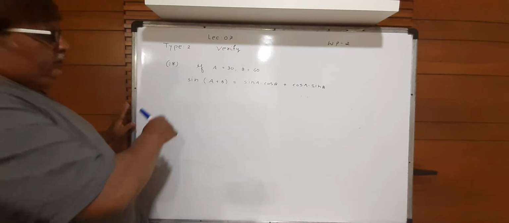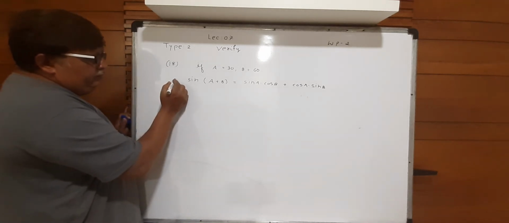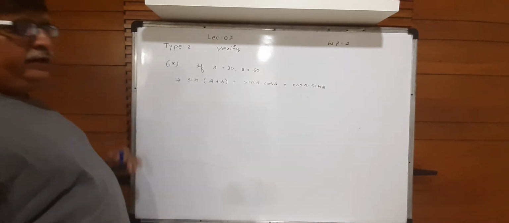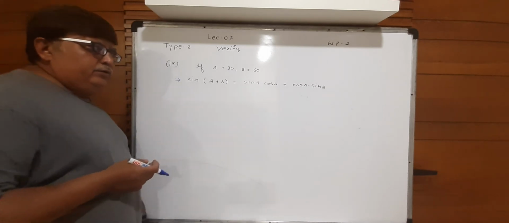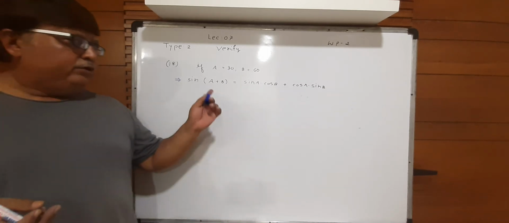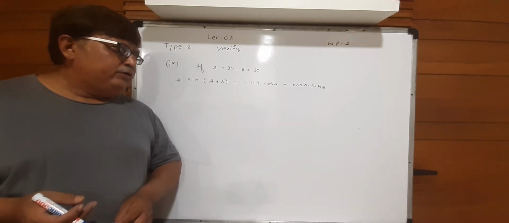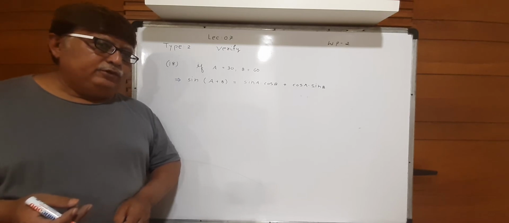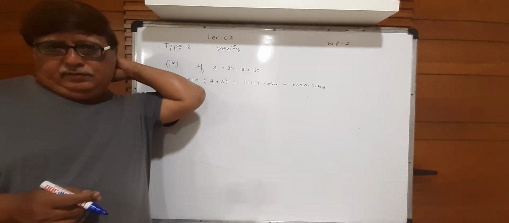Actually, this is what you are going to prove. This one is a particular identity formula which you are going to learn, and you have to remember: sin(A plus B) equals sin A cos B plus cos A sin B. When you go in 11 science, you will come across the same formula in 11 science.